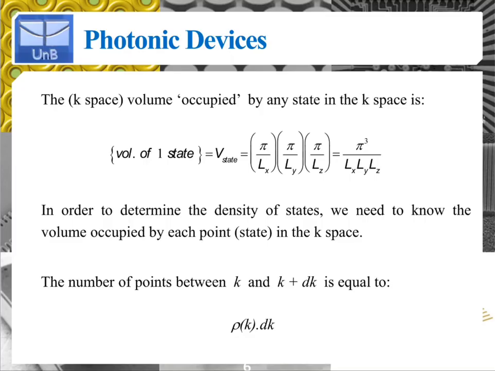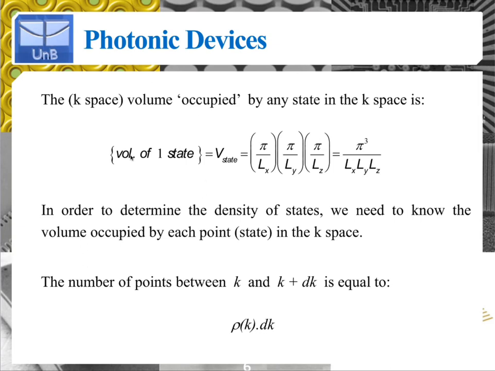So why is this volume important? Well, it's important because if the distance between points in the k space, in the wave vector space, is pi over Lx in the kx direction, pi over Ly in the ky direction, and pi over Lz in the kz direction, then you can think of each state, each discrete point in the k space, as occupying a volume exactly equal to the volume we just defined. So think about this a little bit.